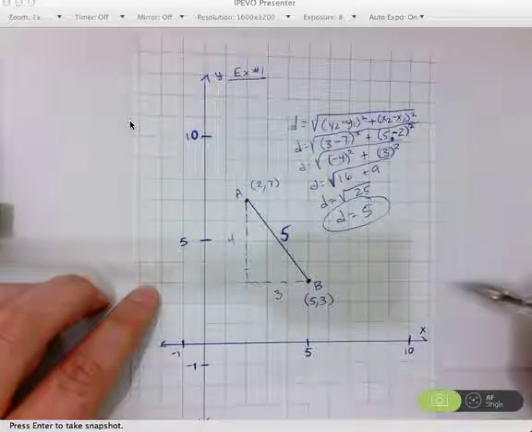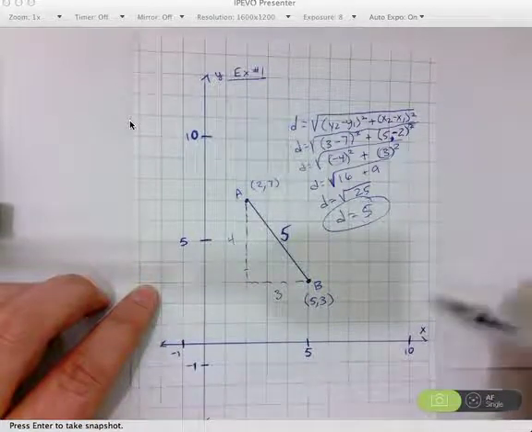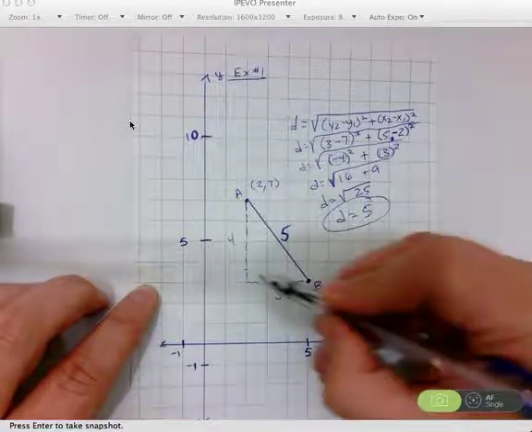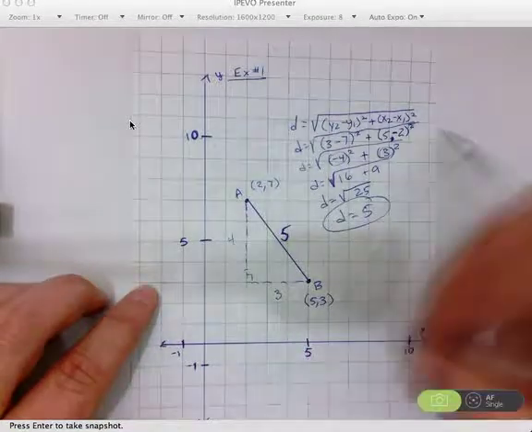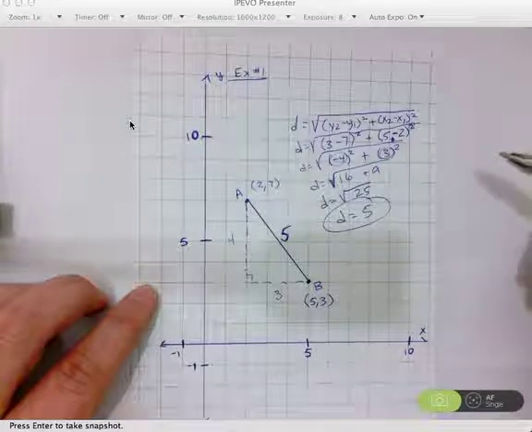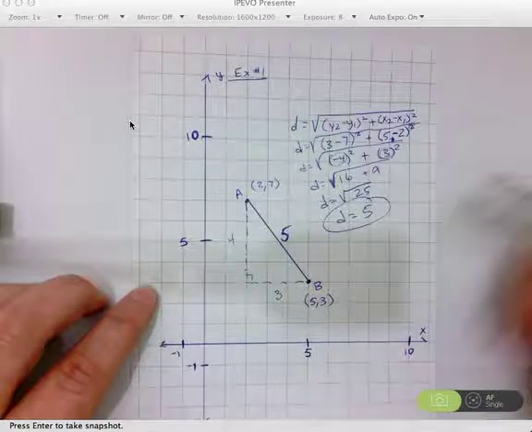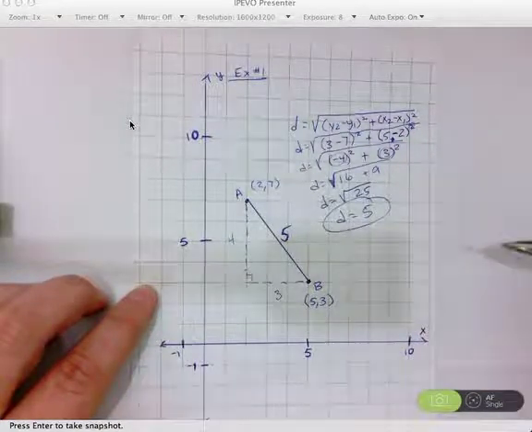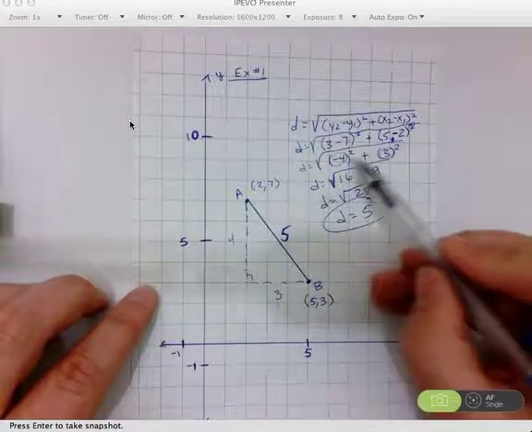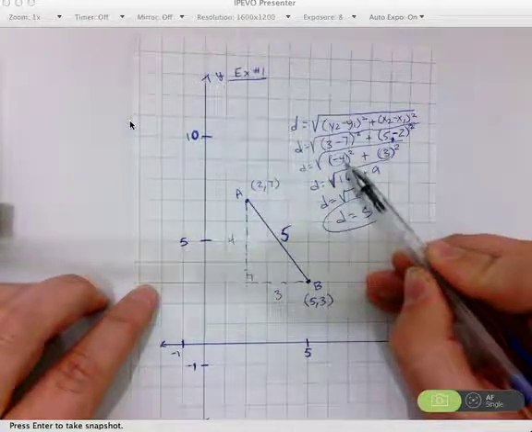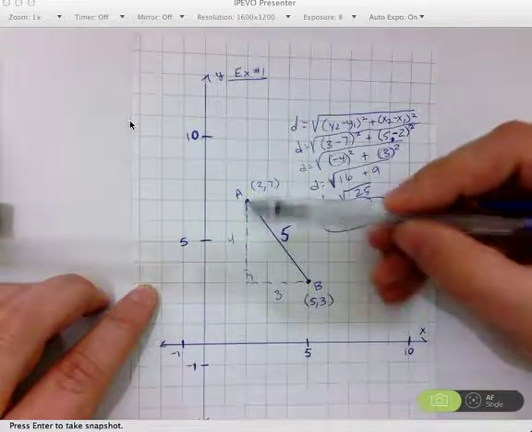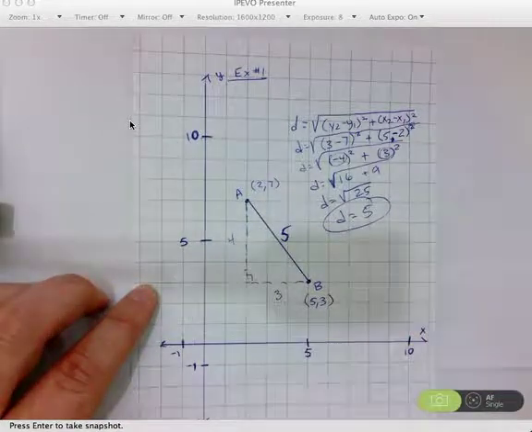Maybe in another one I'll catch you up on this. But later in geometry, you'll probably come across something called the Pythagorean theorem, and the distance formula and the Pythagorean theorem are very, very closely related, and the Pythagorean theorem deals with triangles. So just keep in mind that if you want to check yourself on these two numbers, the absolute value of these numbers should be equal to the length of what would make a triangle out of this picture.